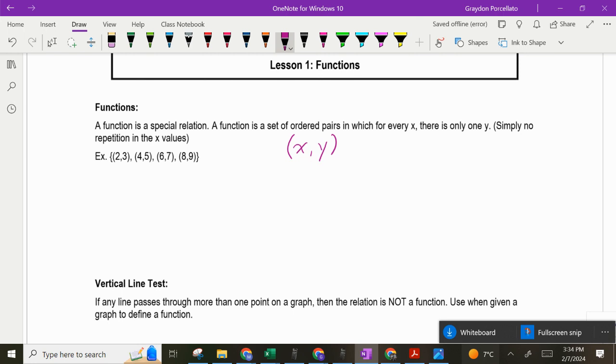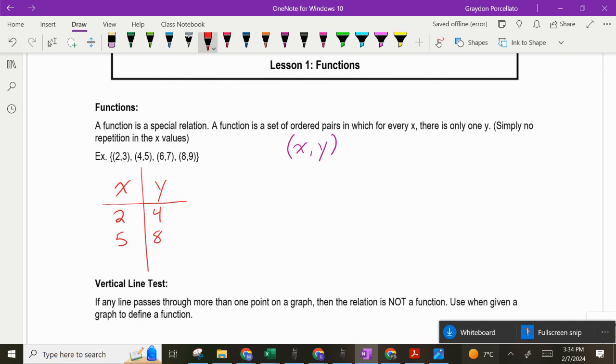Okay, so can we look at maybe some examples of what this looks like in particular? Well, I could draw, for example, and I'll give you an example. So let's say I had a table of values and I had x, y, right? Now let's say in this table of values, I was giving you some coordinates. So let's say 2, 4, 5, 8.